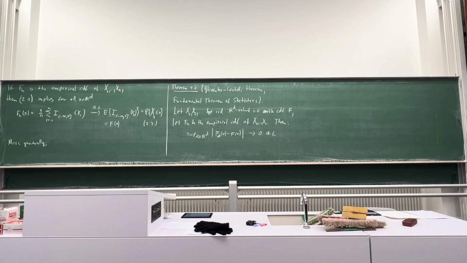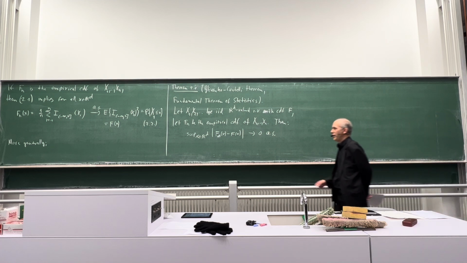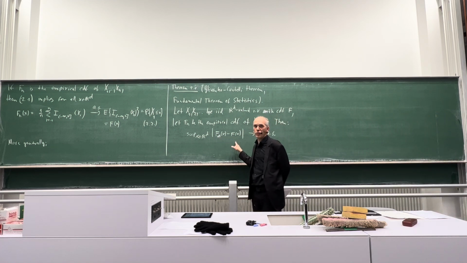I will not prove this directly. It's part of your first practicing course to give a direct proof. It's not difficult to give a direct proof. Because you have a pointwise convergence here, and this limit function has some nice properties.